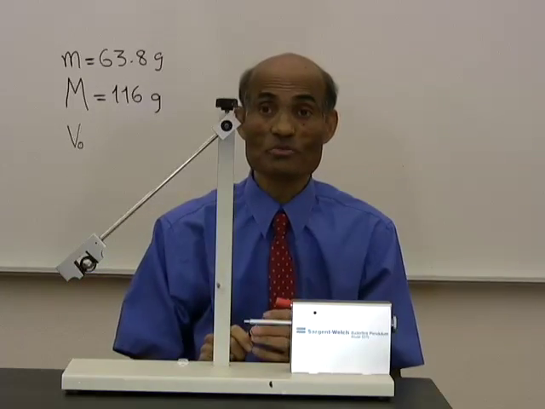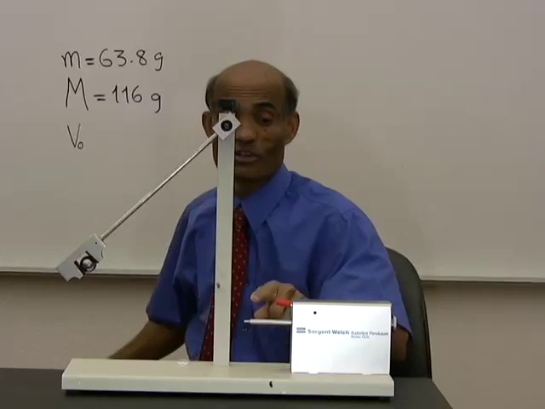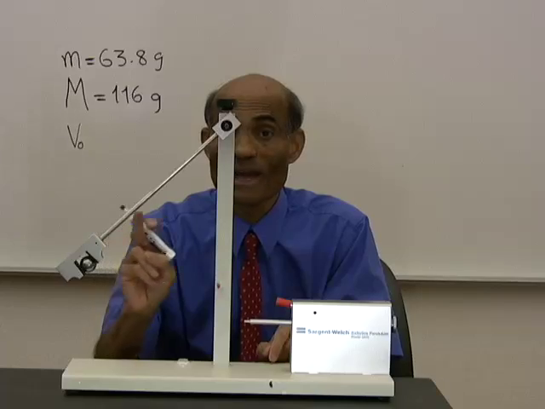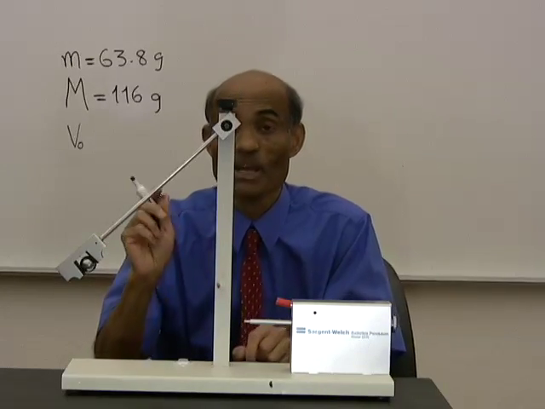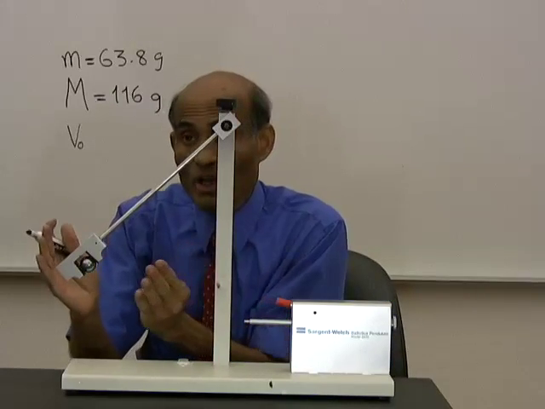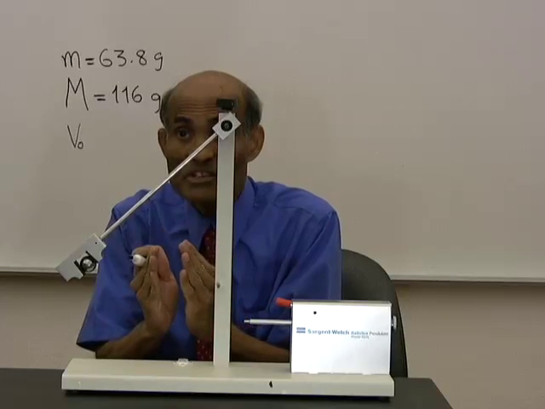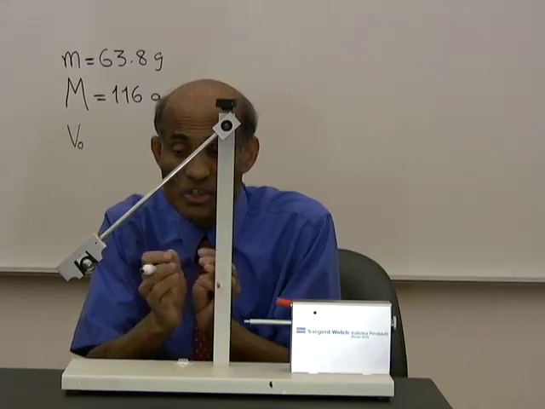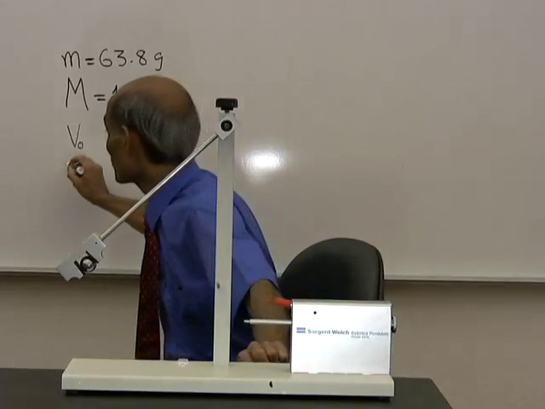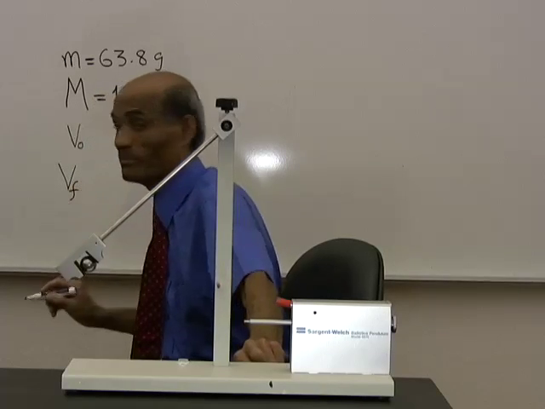Now, I want you to understand these terms. V0 is the velocity when you fire the ball. That means the moment when the ball hits the pendulum, its velocity will be V0. When the ball gets lodged into the pendulum, at the instant when the collision occurs, the system moves away with a certain velocity, and we will represent that velocity by V sub f.